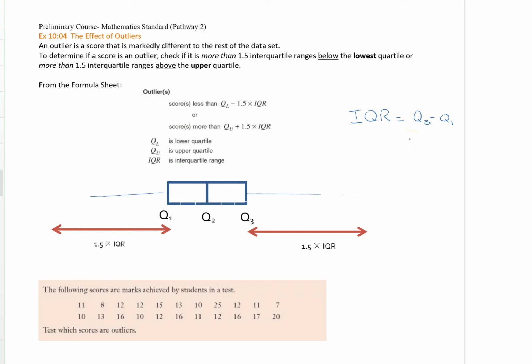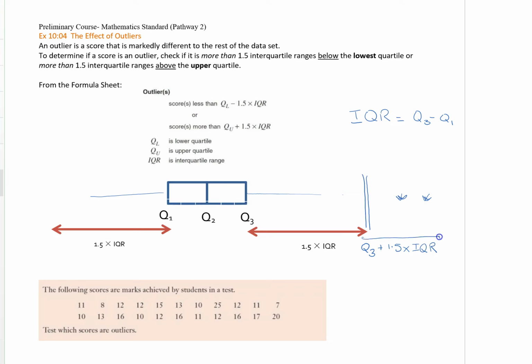Now, the rule says a result will only be an outlier if it lies above, so it's up here in this range, above the score which is calculated as Q3, which is your upper quartile, plus 1.5 times the interquartile range.